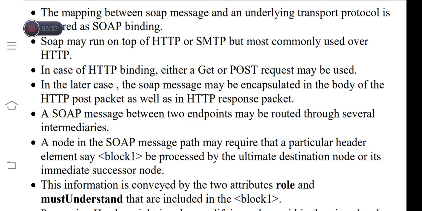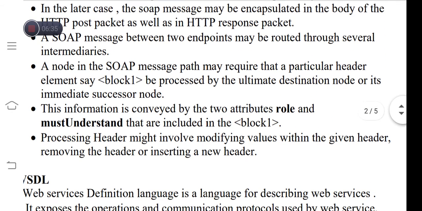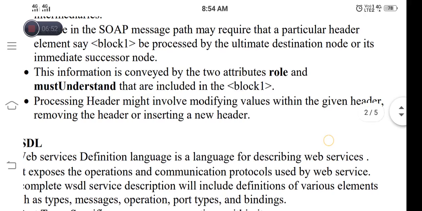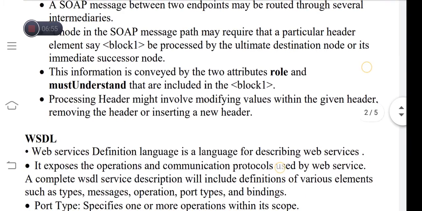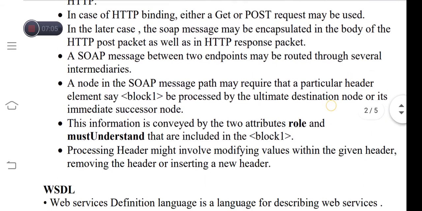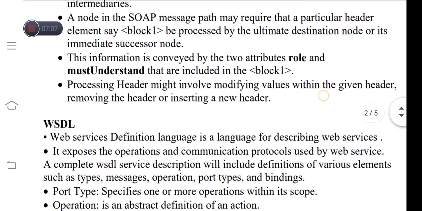This information is conveyed by two attributes known as role and mustUnderstand, which are included in the Block1 element. Therefore, processing the header might involve modifying the values within the given header, removing the header, or inserting a new header. So these are a few points on SOAP messages and their binding.